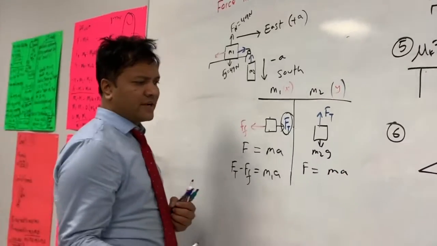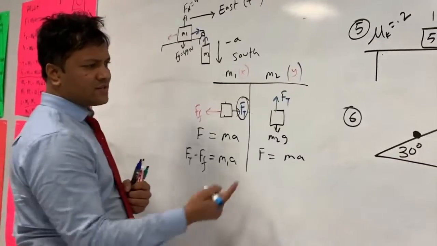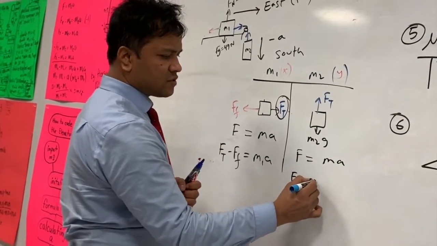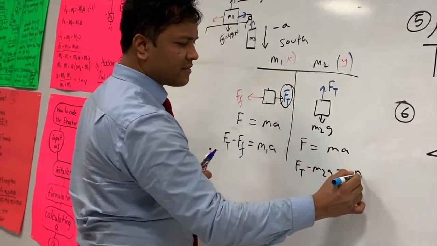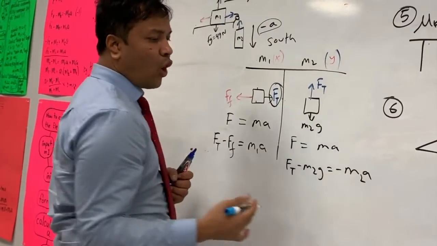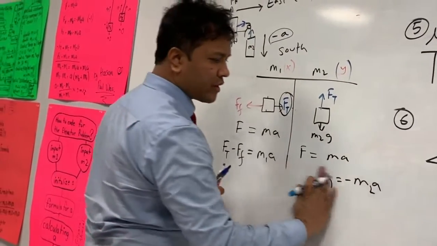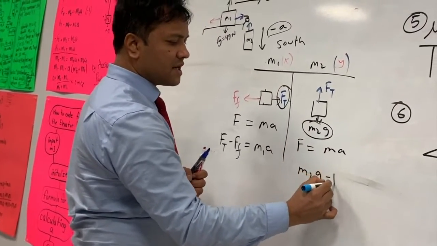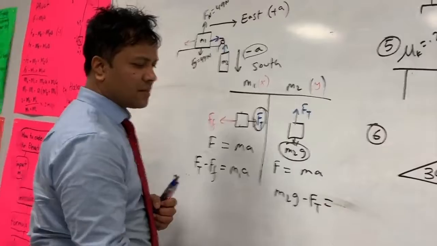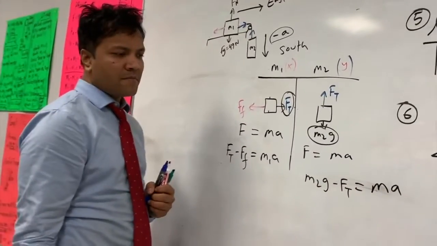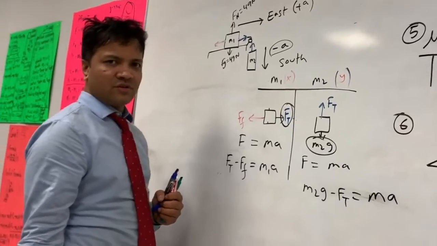There are two ways to write it. Number one way is Ft minus M2g is equal to negative M2a, because this is negative. Or you can write M2g minus Ft is equal to M2a. Then you don't have to negate it. So you can do it both ways.